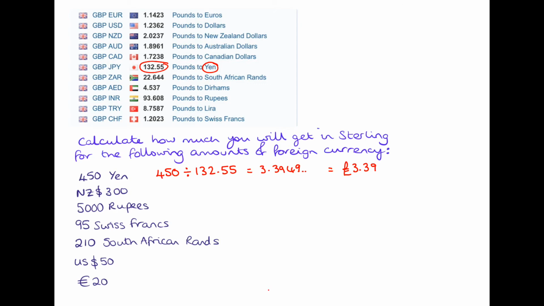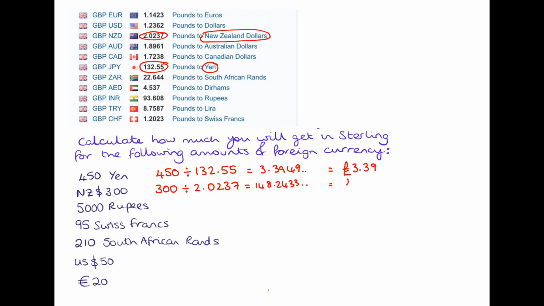Okay, the next one, we've got New Zealand dollars. So let's find New Zealand dollars. They're here. So our exchange rate is 2.0237. So we're going to start with our 300 New Zealand dollars and we're going to divide by the exchange rate. So divide by 2.0237. And when we work that out on a calculator, we get 148.2433 and other decimal places.